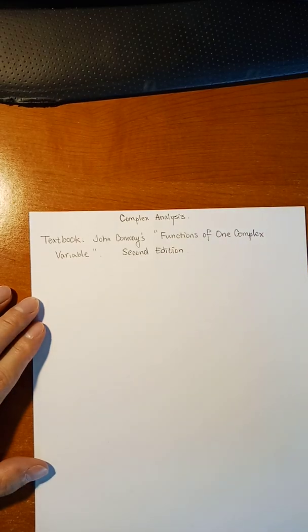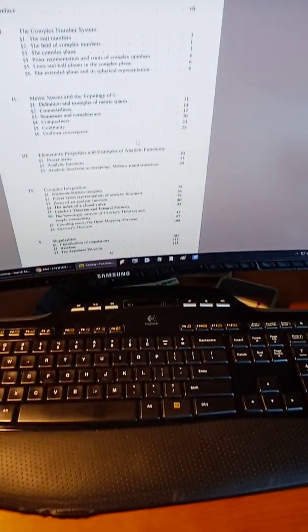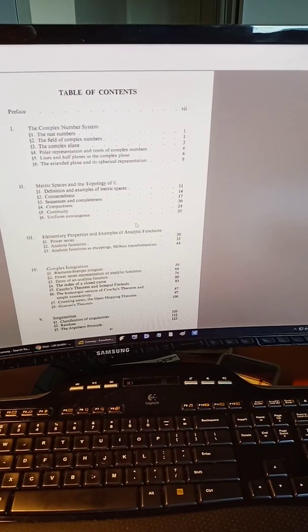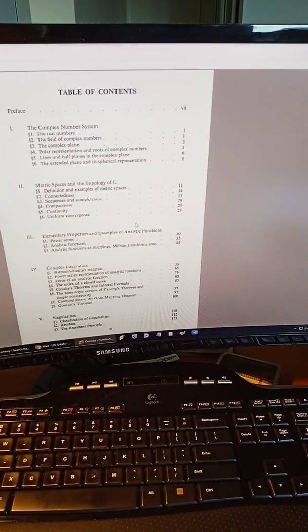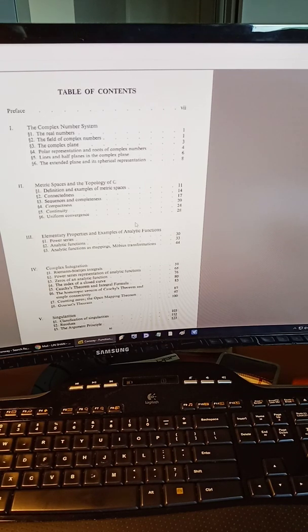In the table of contents, the first chapter is the complex number system, and the second chapter is the metric spaces and the topology of complex numbers C. These two chapters are fundamental and very useful in some places, but they are not the main part of complex analysis.